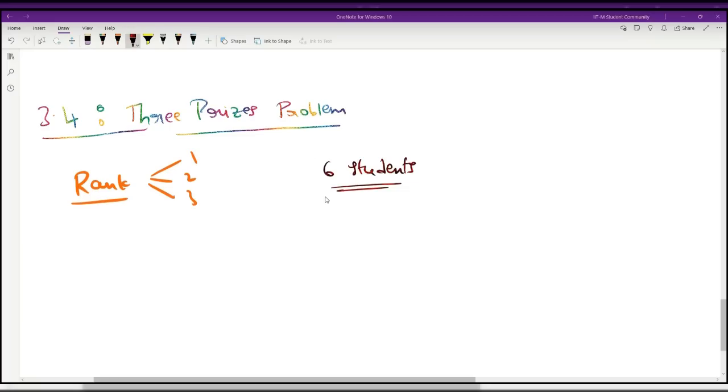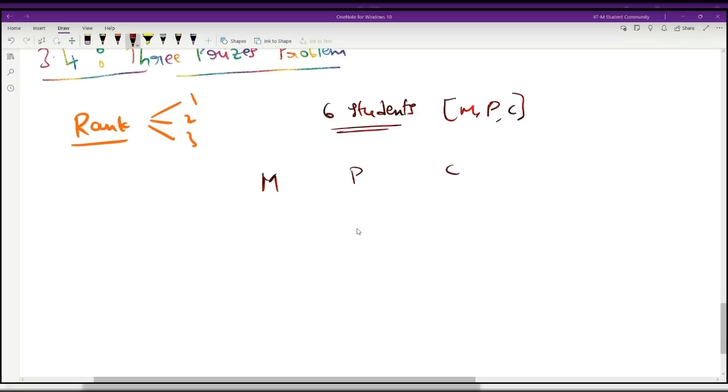Now let us take 3 subjects again, which are maths, physics, and chemistry. Okay. Now let us make some counters for them like we did earlier. So these are the counters for mathematics, physics, and chemistry respectively.